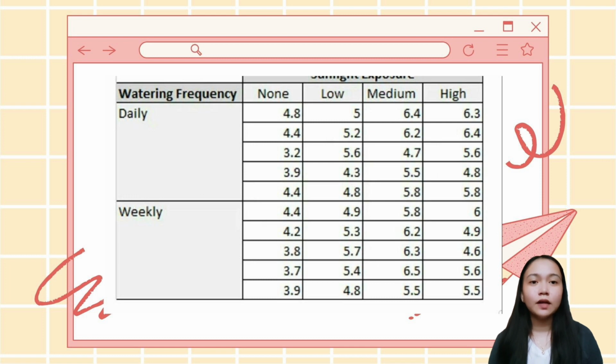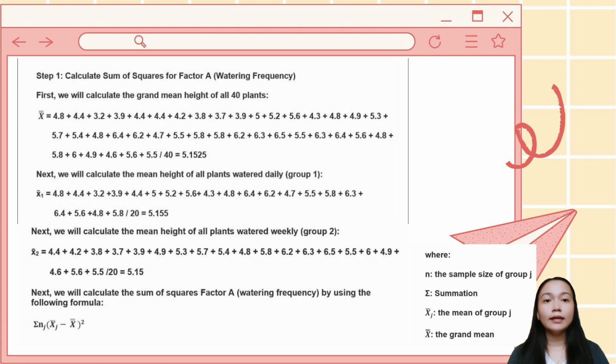As I did on the daily, you'll just have to add it and divide it by 20. So the answer will be 5.15.